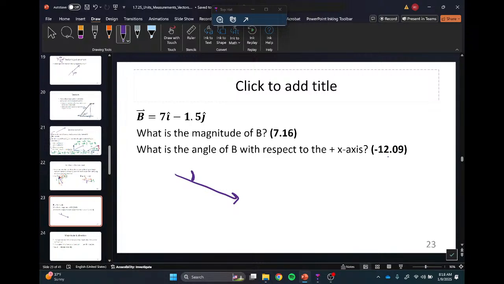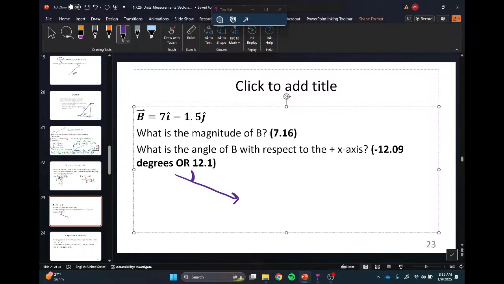That's a really common mistake. So either we would say the angle is negative 12.09 degrees, or you would say it's 12.09 degrees below the axis. Negative means below. If you put the word below, then you don't need to put the negative. Two ways of communicating the same information.